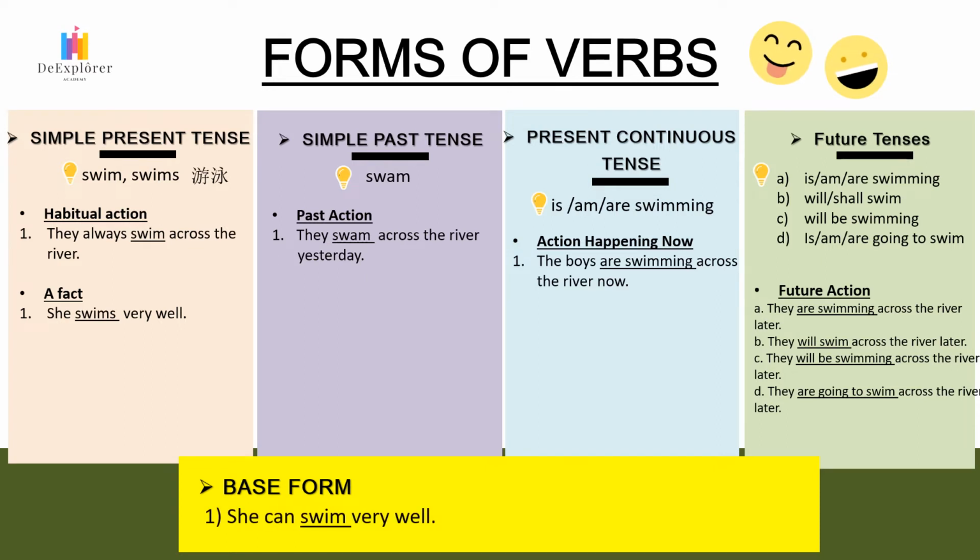One example, she can swim very well. She can swim. So if you look at the simple present tense, she swims very well. So she subject, verb swims. But now she can. So after the word can, which is a base form verb, you use the base form swim. So she can swim very well.